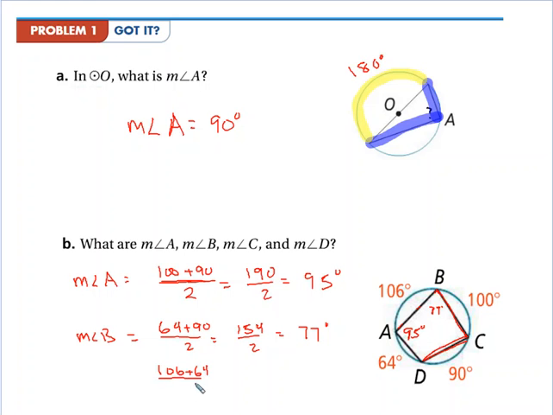I'm going to add those together to make the entire arc around angle C, and that makes 170. And then I've got to take half of that because that's the inscribed angle. And so 170 divided by 2, let's see, that would be 85.